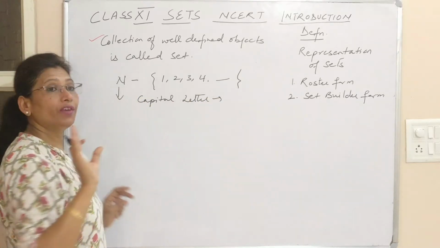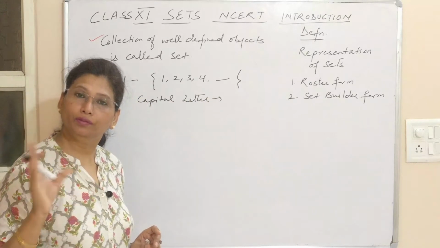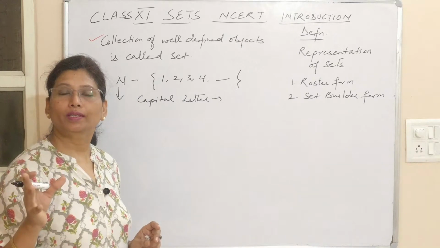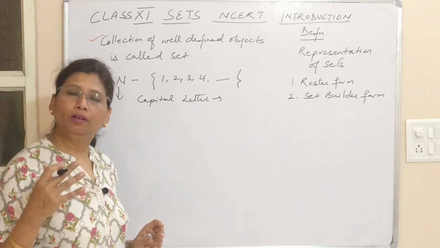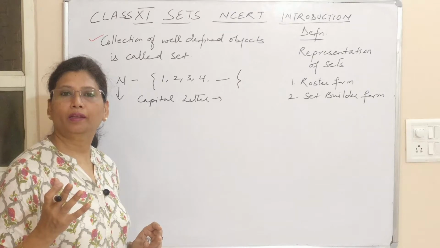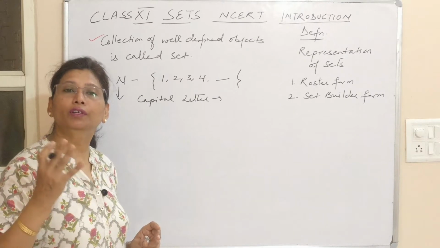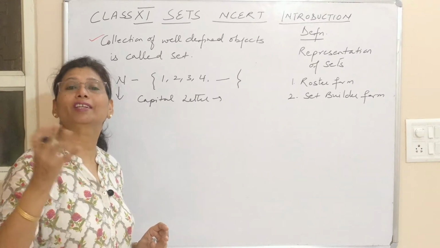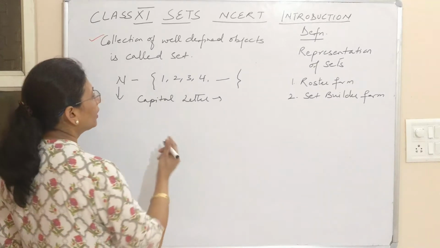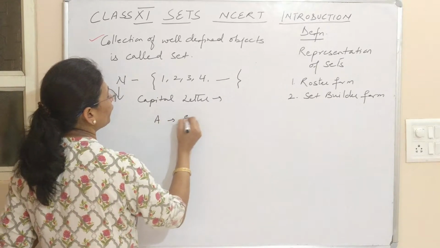Here we have fixed letters for the sets of the mathematical number system. But if I'm representing anything in general, let's say rivers of India or states of India, I can write, let A define the states of India.